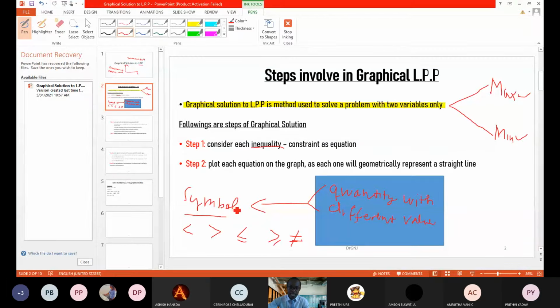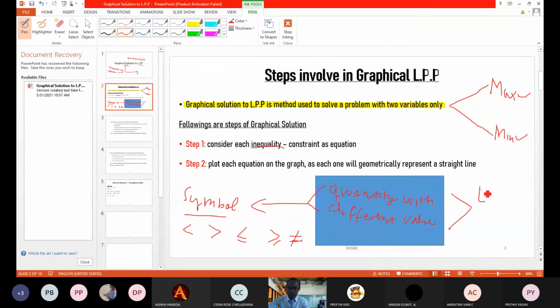These are the symbols which we use for the inequality equation. Inequality equation means a quantity with different values. So these are the symbols which we use.